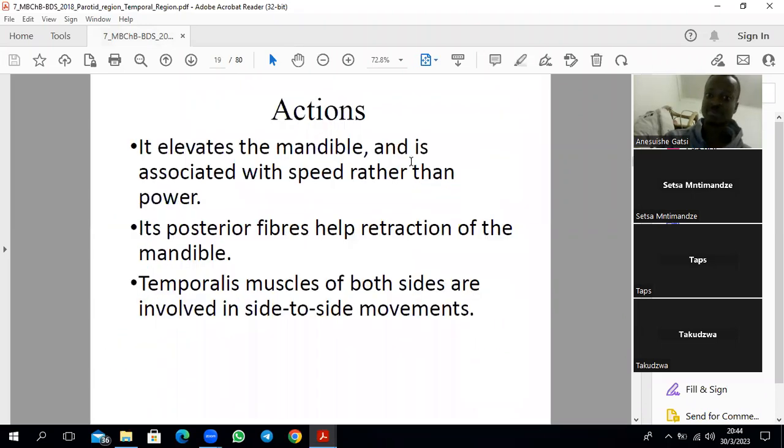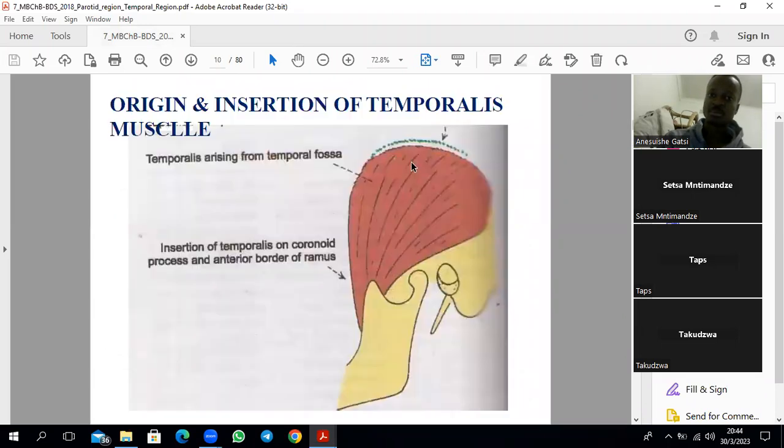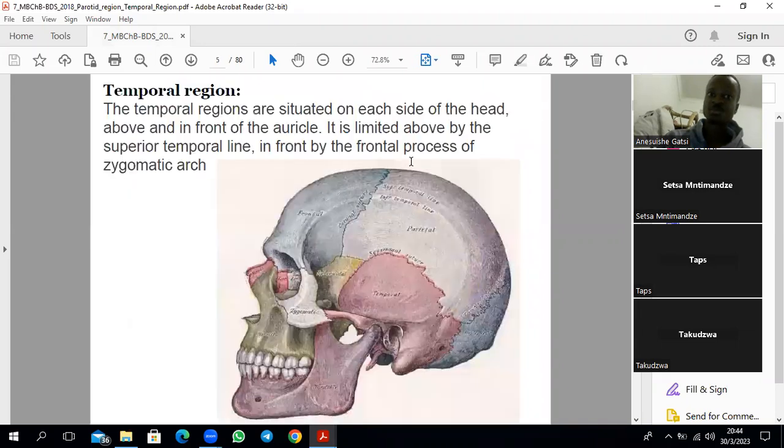Right. So if we then come back to our slide, we have the temporal lines, and the boundaries of the temporal fossa are as follows. Superiorly, like I said, there is the superior temporal line, which is the attachment site for temporal fascia. Right.